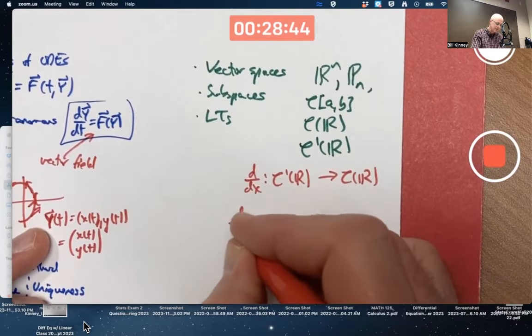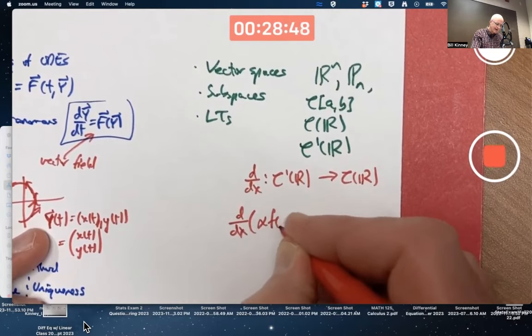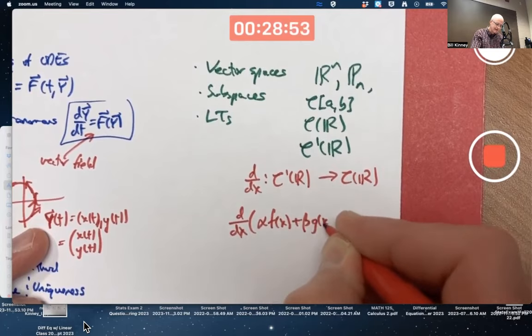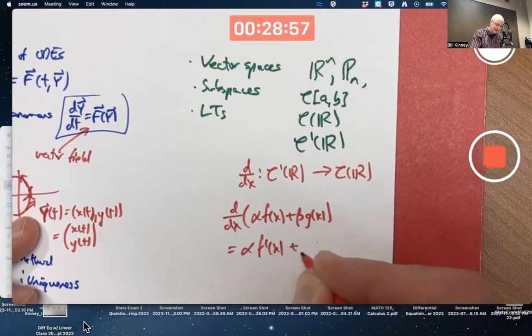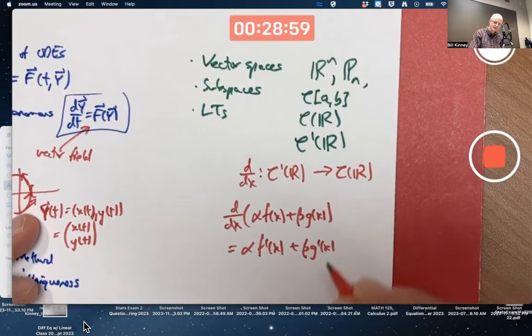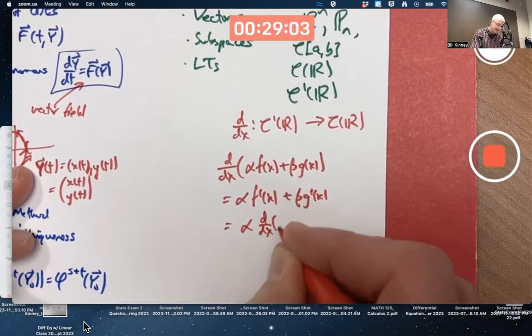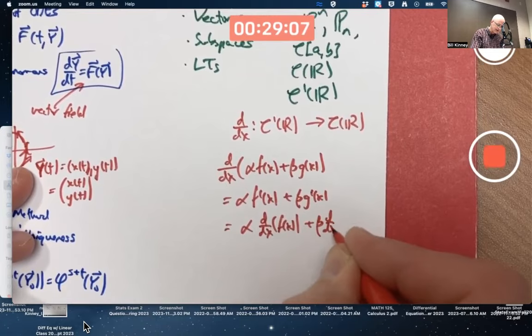Why? Because it's operation preserving. d/dx of alpha f of x plus beta g of x is alpha f prime of x plus beta g prime of x. In other words, it's alpha times the derivative with respect to x of f of x plus beta times the derivative with respect to x of g of x.